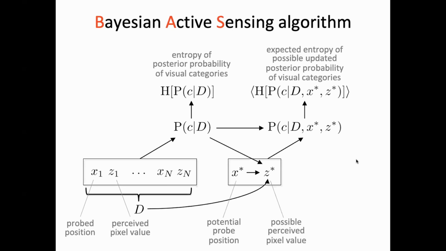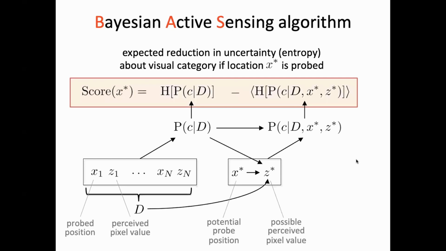But because we have not yet probed x star, and therefore do not know the actual pixel value there, we have to average the updated entropy over the distribution of possible perceived pixel values. We define a score as the difference of these two entropies. The score is then the expected reduction in uncertainty, in units of bits, about the visual categories if location x star is probed. And the Bayesian active sensing algorithm chooses to probe the location with the highest score.